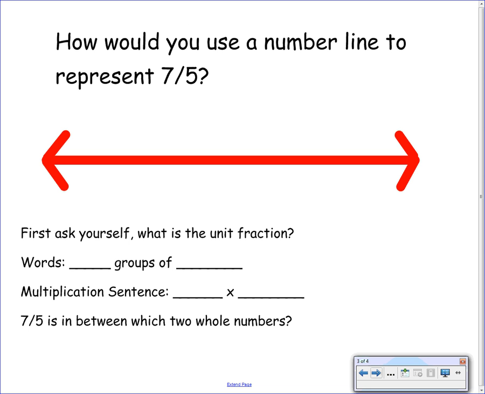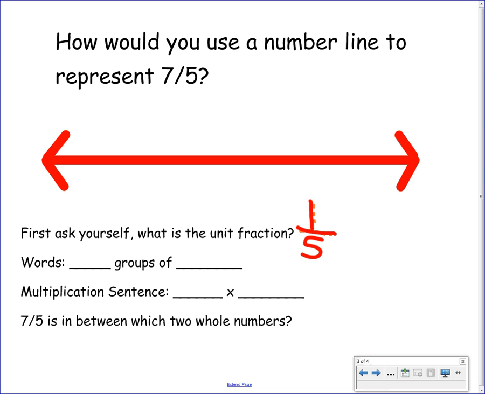So, how would you use a number line to represent 7/5? First ask yourself, what is the unit fraction? Remember, I've said this multiple times, a unit fraction always has 1 in the numerator. And we also know that it's fifths, so our unit fraction is going to be 1/5.